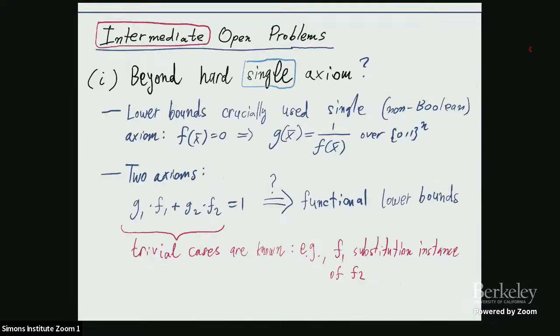And some intermediate problems, of course: take out the single axiom, so have not just a single hard axiom, but two axioms. But of course, there are some very trivial two-axiom cases which are uninteresting. You have to think carefully about what is actually an interesting case of more than one axiom.